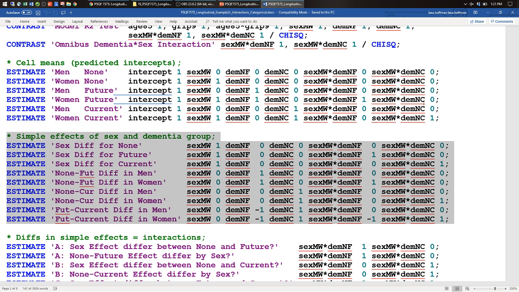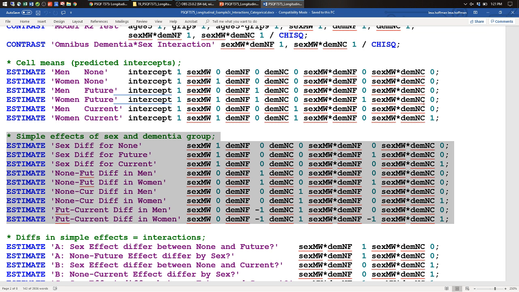What did you learn about interactions in ANOVA land? How do you talk about them? Nobody has a go-to? Or you don't remember?